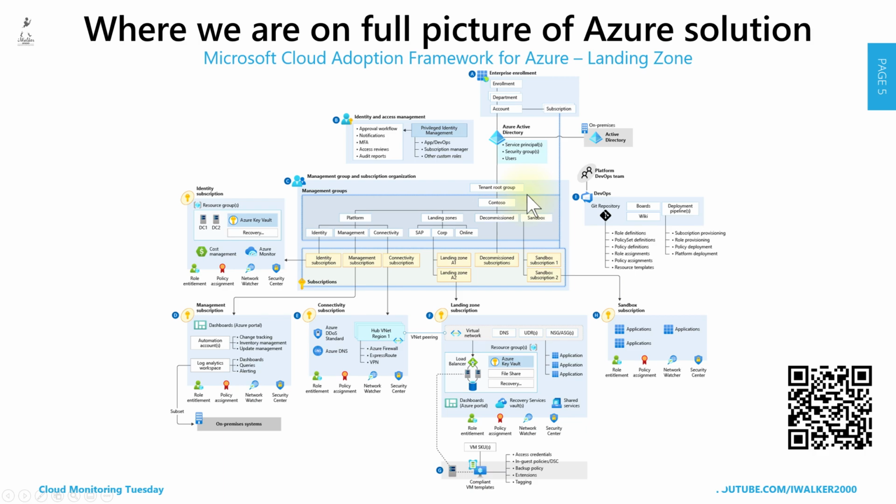This is the full structure of the landing zone, and here you can see in the middle, maybe the main point, that's management groups and subscription organization, where you create the hierarchy of the management groups. Why?